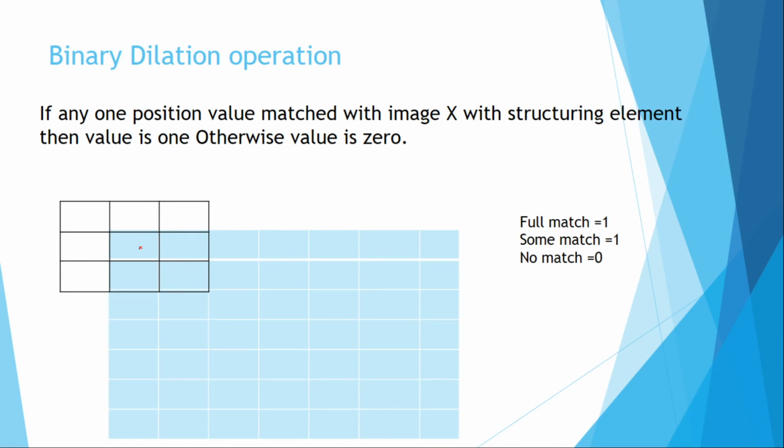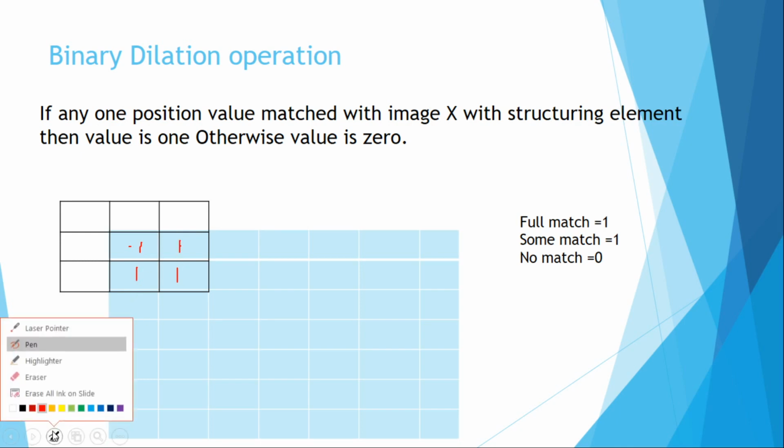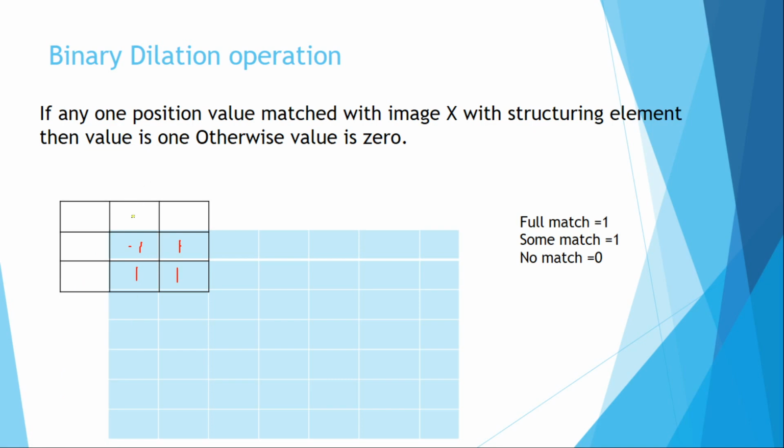The origin of the structuring element coincides with the pixel on which I have to do the dilation operation. Once we have kept it over here, we have to see whether the values have matched or not. Already we discussed that all the filled values are 1, nothing but the image values are 1 over here. And we have to know the structuring element values: this value is 1, this value is 1, structuring element 1, 1 and 1.